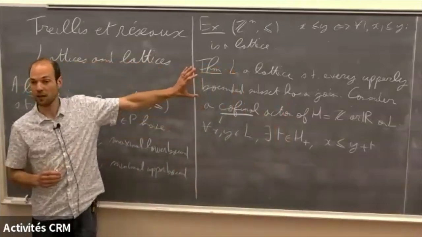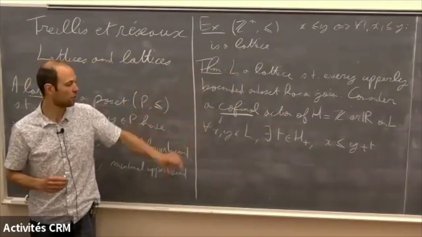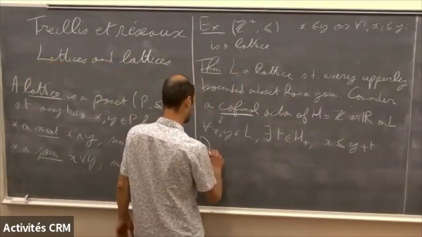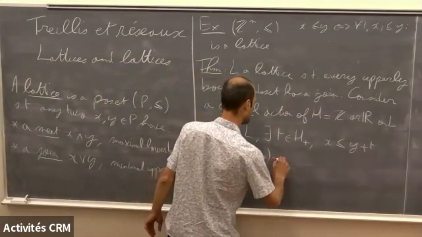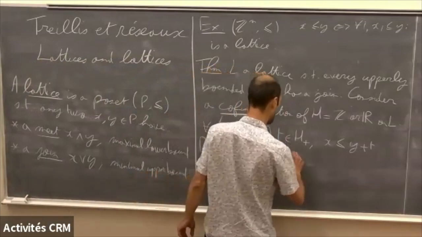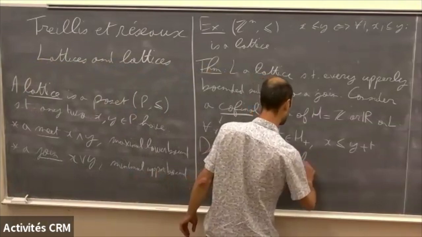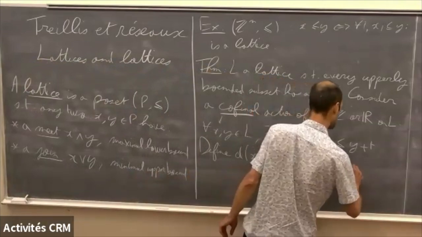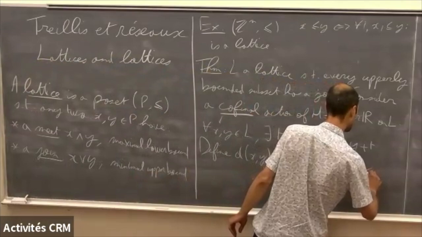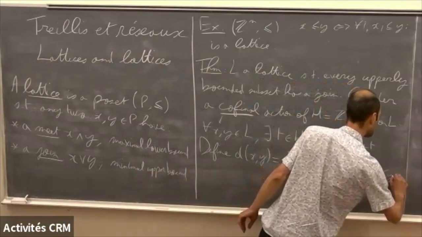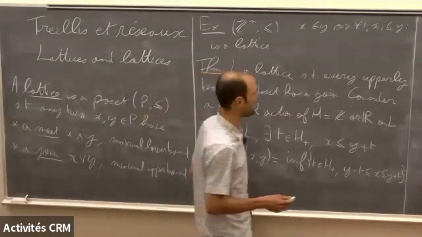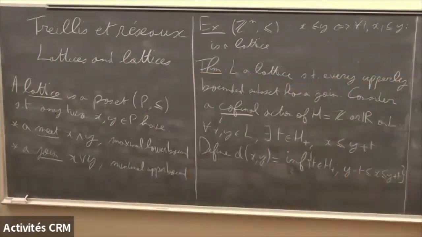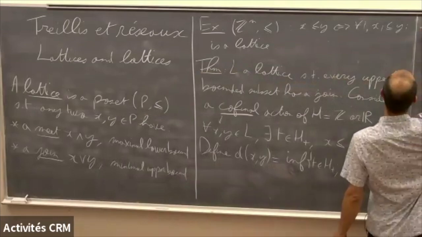Then just with this data, a lattice and a cofinal action, I can define a quantity which will be a metric: the distance between X and Y, to be the infimum of all such T such that Y − T is smaller than X, which is smaller than Y + T. Okay, and what can we say about this quantity? Well, there are two cases.